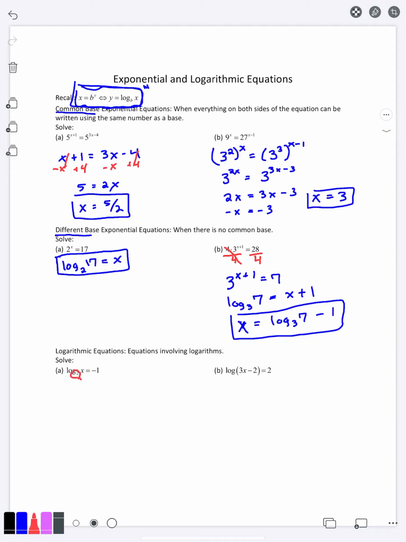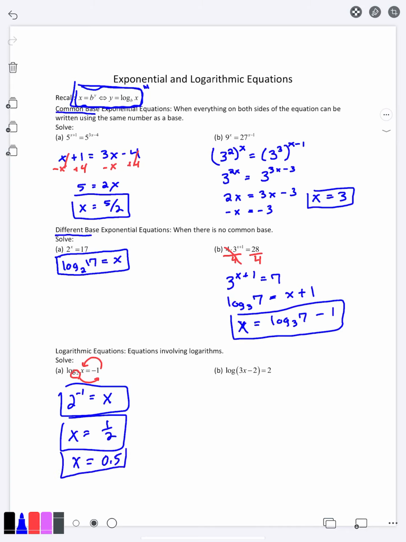We always say the base to the right side equals the inside. So 2 to the negative 1 equals the inside. And then that's it. x is 2 to the negative 1 power. If you prefer, 2 to the negative 1 is the same as 1/2. If you really prefer, you could put this as a decimal. This time it's okay to put it as a decimal because you didn't have to round it or anything. Any one of those is a perfectly correct answer.